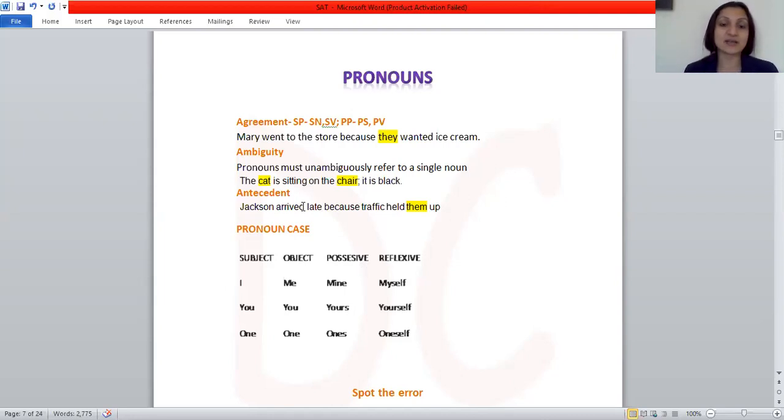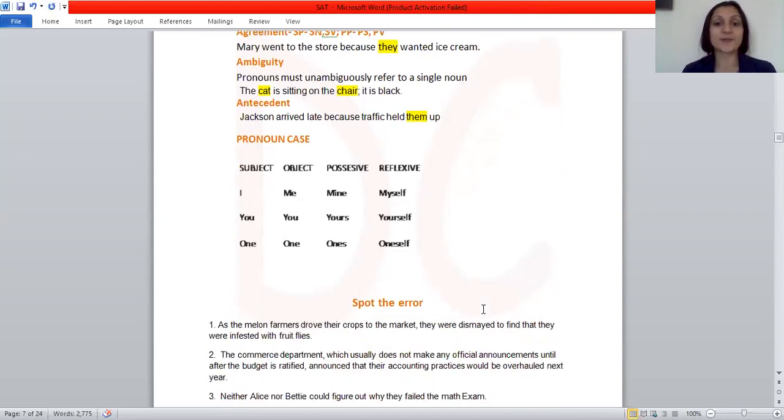Okay, so you can never start a sentence with mine or myself. I mean, you can start, you cannot keep them as your subject in the sentence. Okay. All right, not a lot of detail here because you're not really going to be tested on pronoun case a lot. Okay, let's move further.